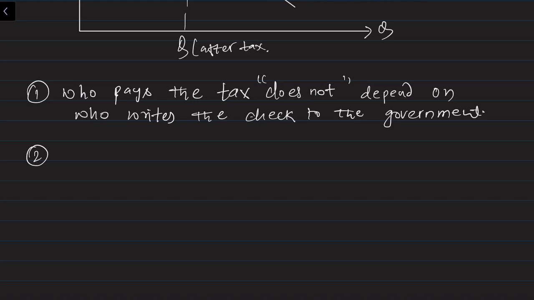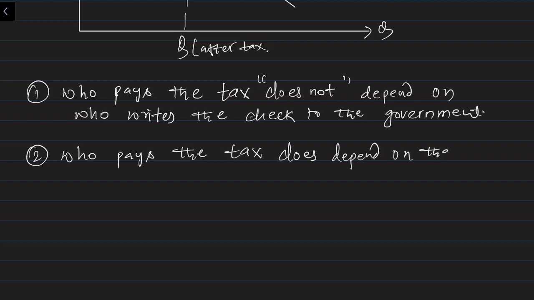Second remark says who pays the tax does depend on the relative elasticities of demand and supply.